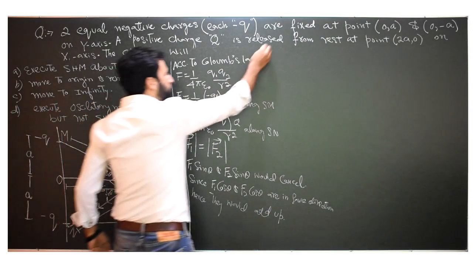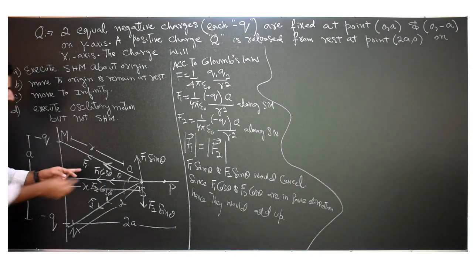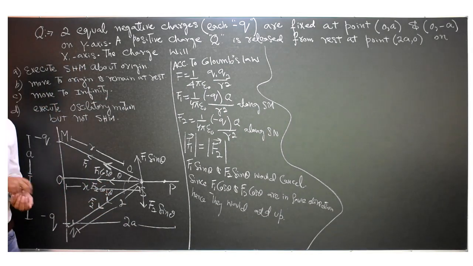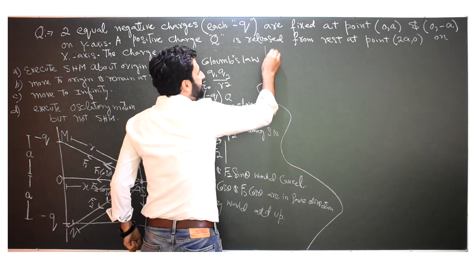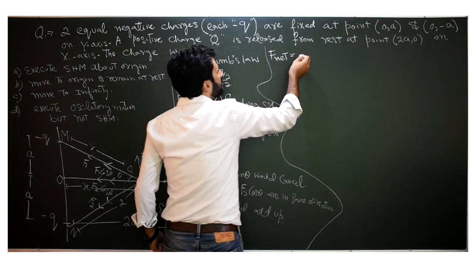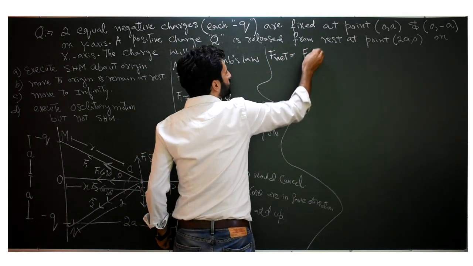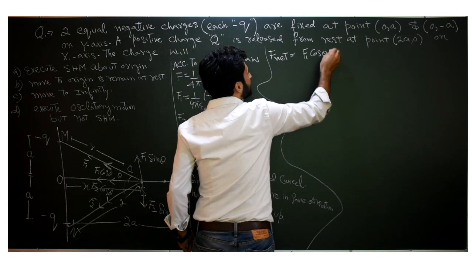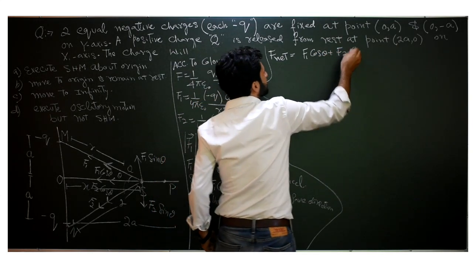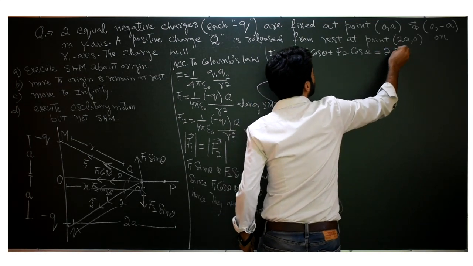So the net force will be F1 cos theta plus F2 cos theta. This will be equal to, since F1 and F2 are equal, F1 cos theta plus F2 cos theta. Since F1 and F2 are equal, we can write it as twice F cos theta.